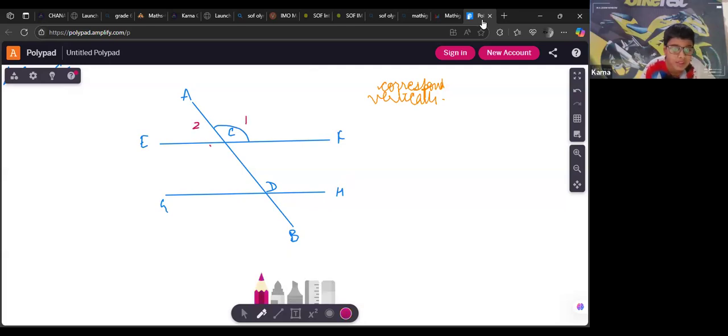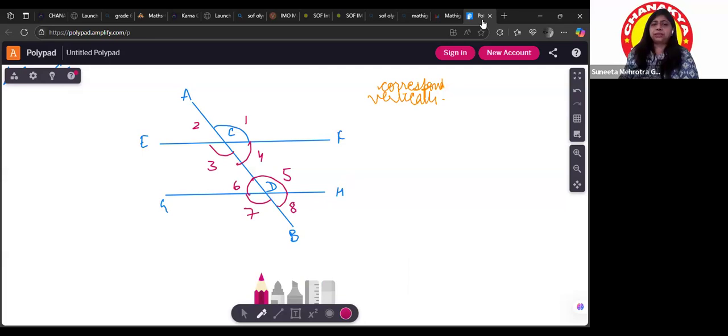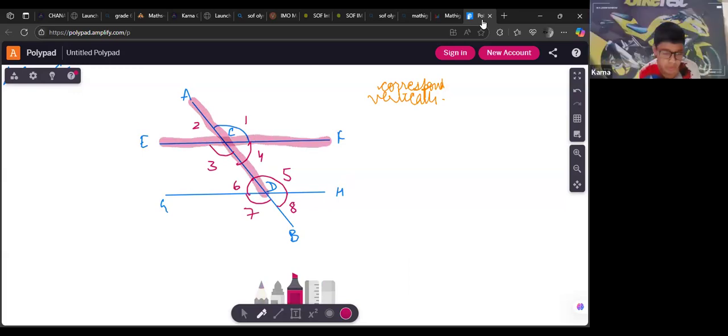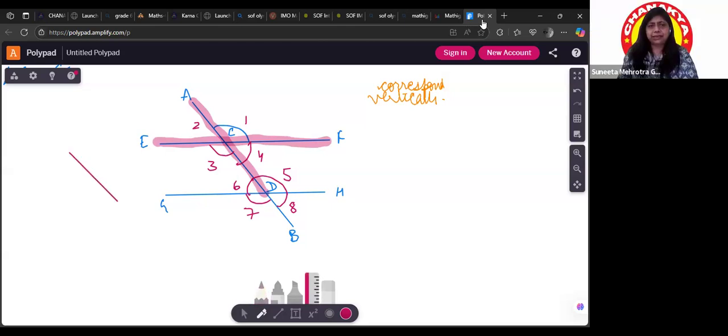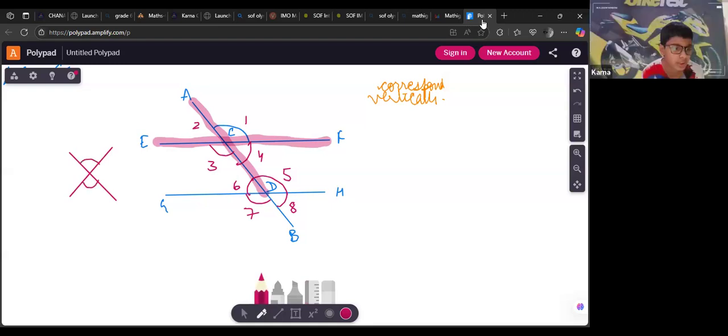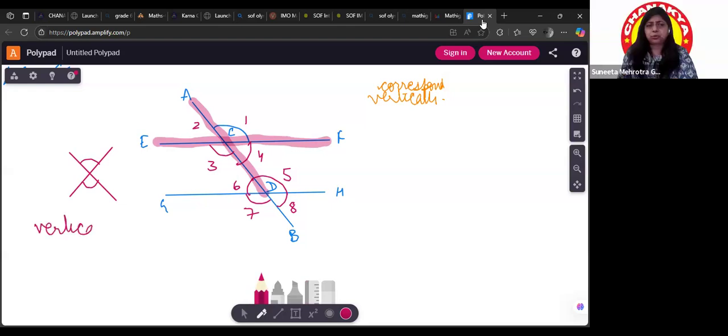Ma'am, if you need to find the measure of angle 3, you need a protractor, right? Now you can see that two angles are making an X position. Is it so? Yes, ma'am. When we make this X position of the angles, these two opposite angles are equal. They are said to be vertically opposite angles.